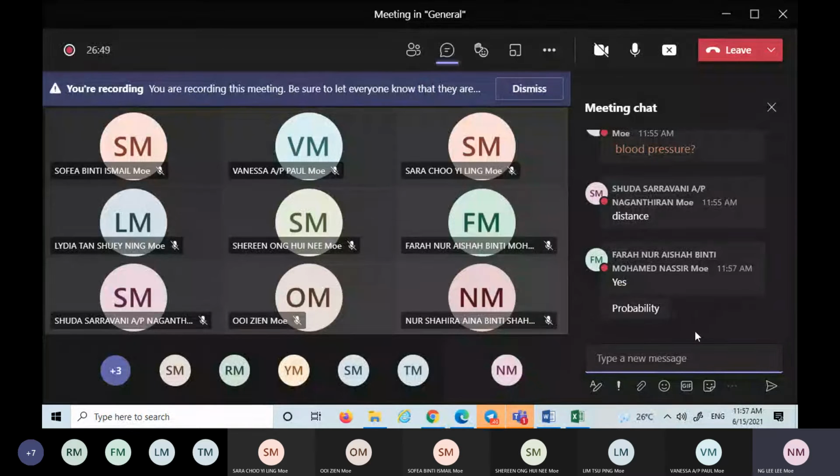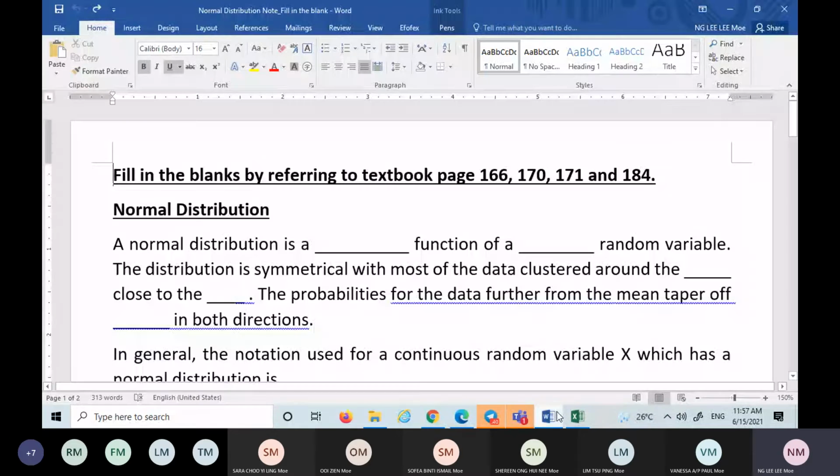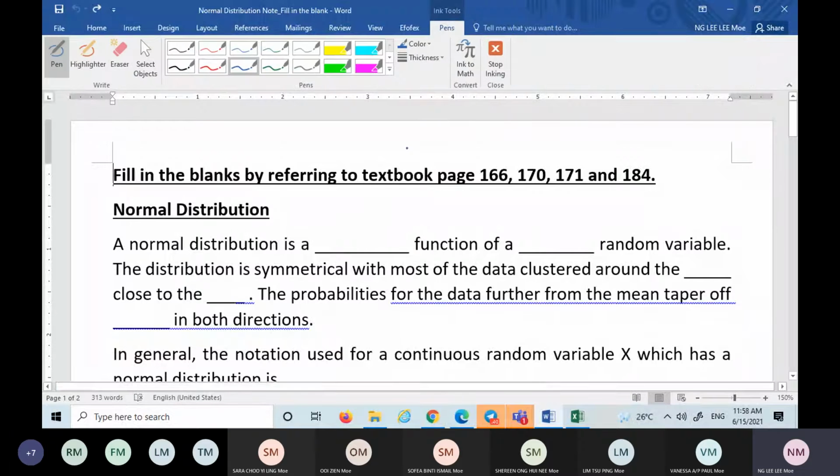Probability function. Very good. It means you are well prepared. If you can answer me very fast without making me wait, then you are ready to answer my questions. The rest, if you don't know or you didn't get a correct answer, please write it down.